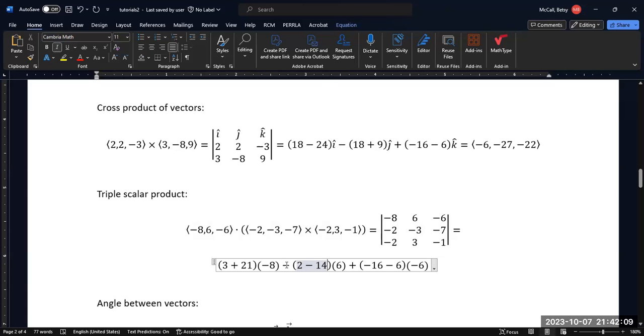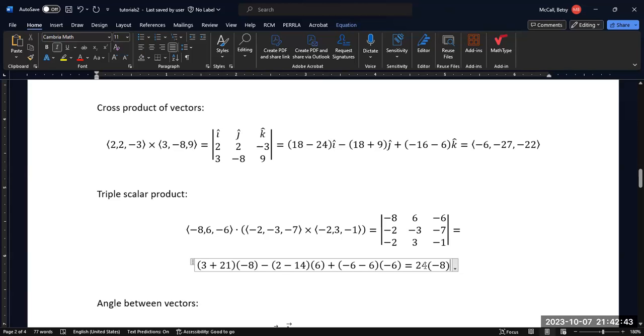And then again, that minus sign out there from the J component, that is still applied here. And then our last parentheses, this is from the third column. So it's these first two that we multiply. -2 times 3 is -6. And then -2 times -3 is +6, but we're subtracting. And so then we just have to do the arithmetic. 3 plus 21 is 24 times -8.